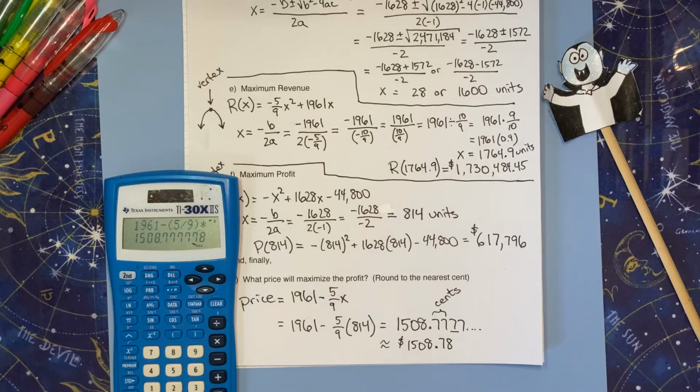You might make a good prediction for today, but tomorrow, who knows. So if you set the price to 1508.78, that's the price that faces consumers, they will automatically buy 814 units, which maximizes your profit. Isn't that cool? It's very cool.